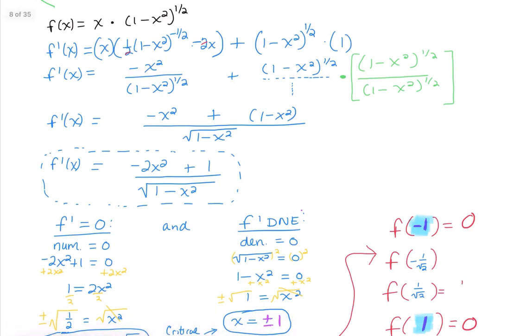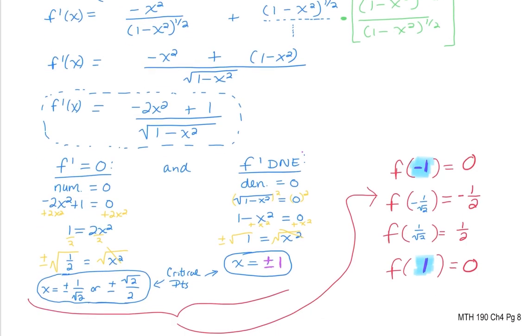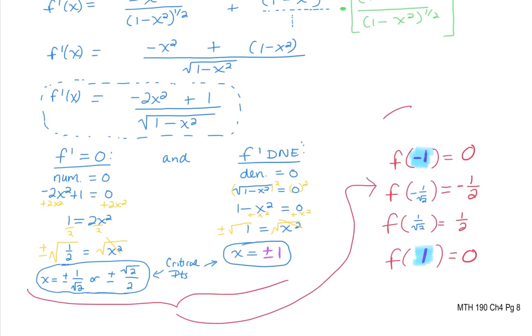Of course, you can use your calculator. And similarly, this will also multiply to a half, but the x term in front would have been negative 1 over root 2, so this one's going to have a negative carried along with it. All right, so after plugging all of these values into the original function, wherever you have the largest value, which came out at 1/2, 1/2 is your absolute maximum.